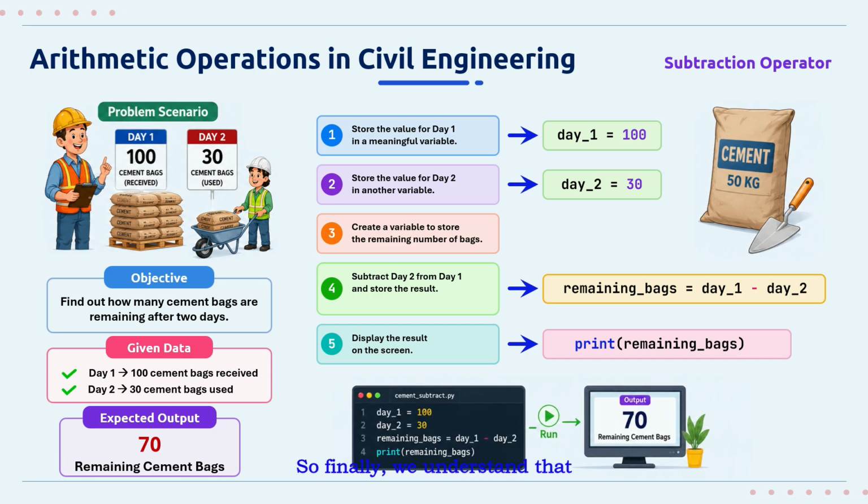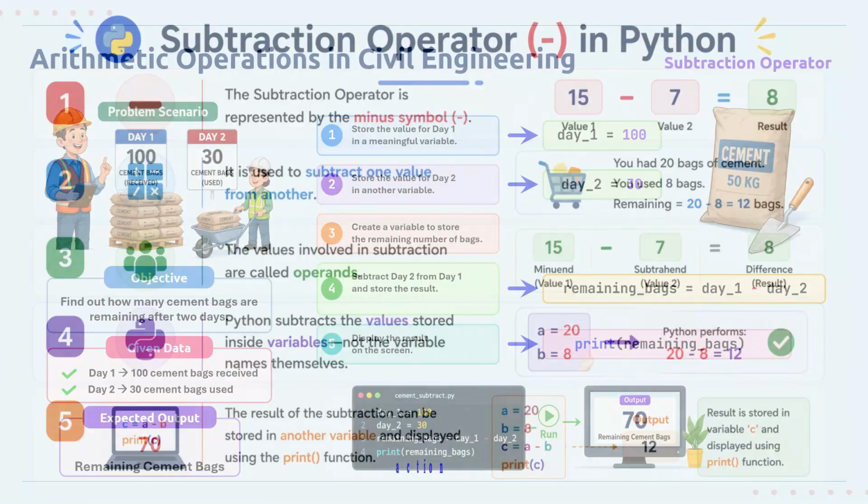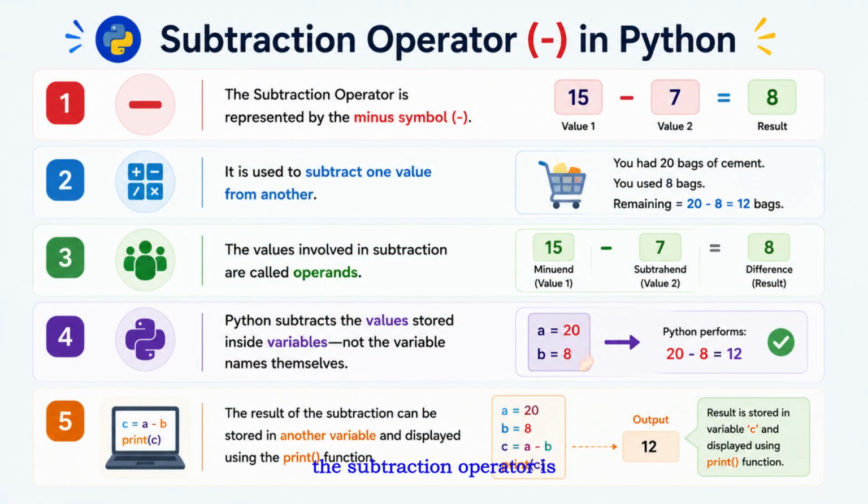So finally, we understand that the subtraction operator is represented by the minus symbol and it is used to subtract one value from another. The values involved in subtraction are called operands. Python subtracts the values stored inside variables, not the variable names themselves.